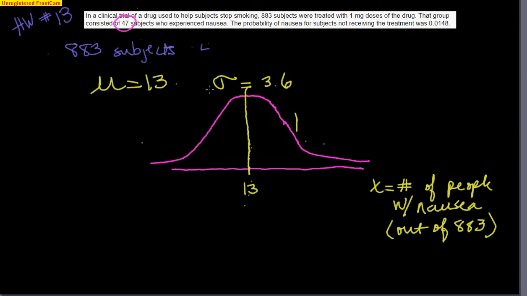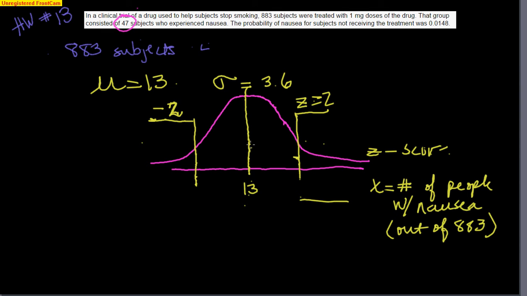So let's find our maximum and our minimum values. We know our maximum value is where z equals 2. This is our z-score here. That never changes regardless of the problem. And we have a z-score over here of -2. Okay, what is this value and what is this value?